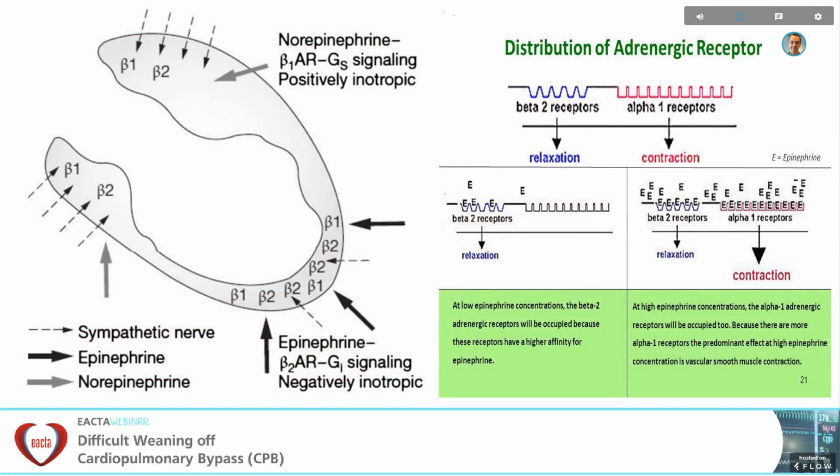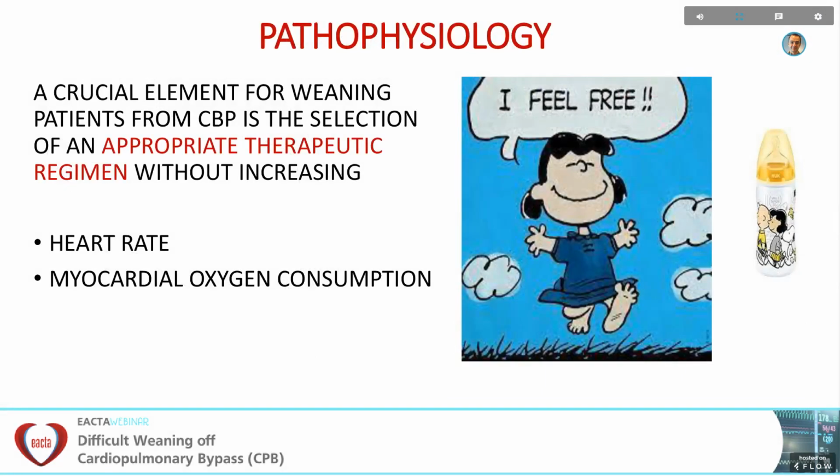It's also important to know where they are located, if in the right ventricle, like in this picture, or in the left ventricle, because we have to choose the right inotrope for the right ventricle. And here is clear where alpha receptors are located and where beta receptors are located.